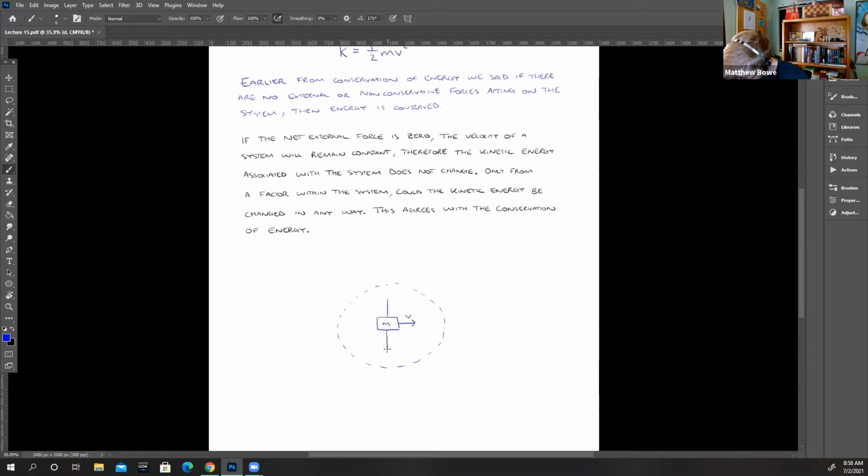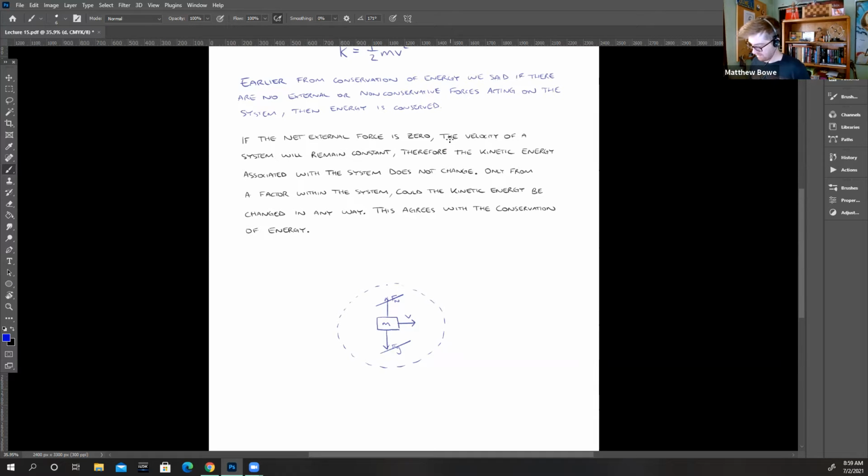It's sitting on the table, so it will be forced down by gravity or held up by a table. That's the normal force. These two forces sum to 0. They cancel each other. That means it still has its mass, still has its velocity. So if the net external force is 0, the velocity of the system remains constant.